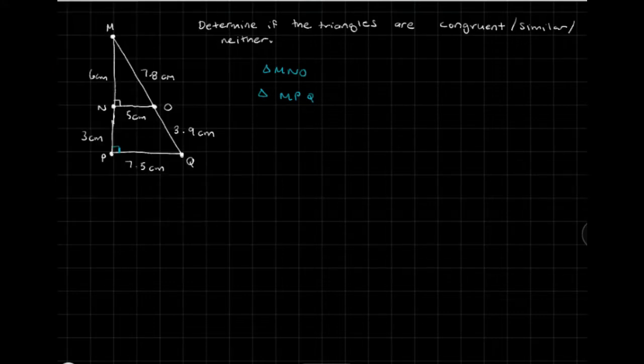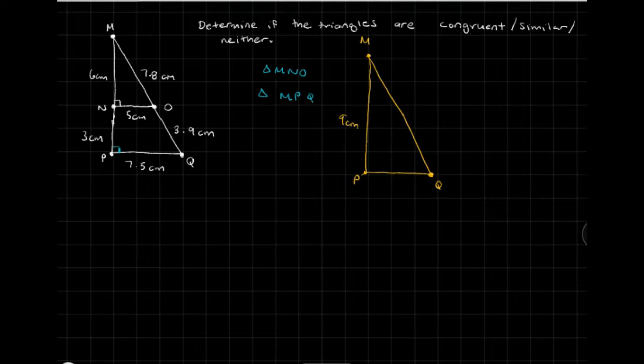So let's redraw triangle MPQ. I'm just creating a sketch here to help us out. You can see that MP is the combination of MN and NP, which is basically 9 centimeters.